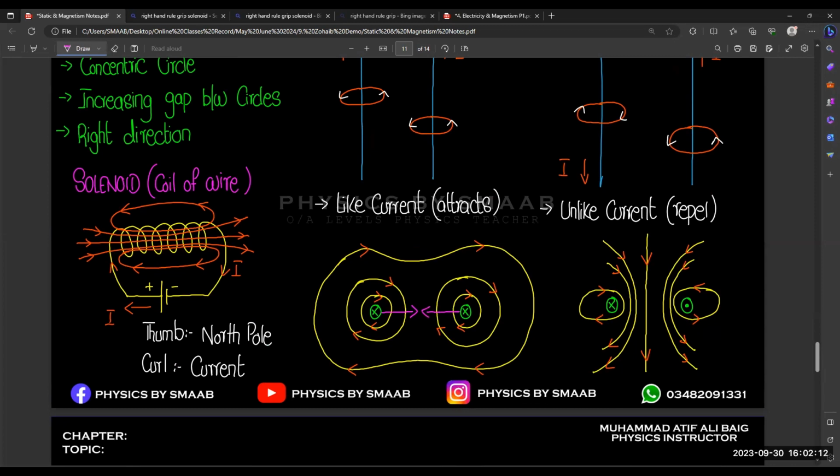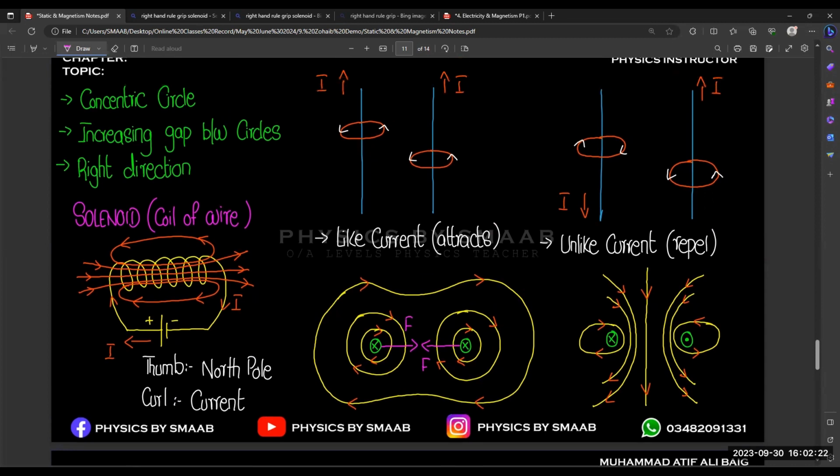So basically, this will be the direction of force, because they are going to attract each other. That's why we have considered the example that your force must be towards each other, right? So this is the concept.